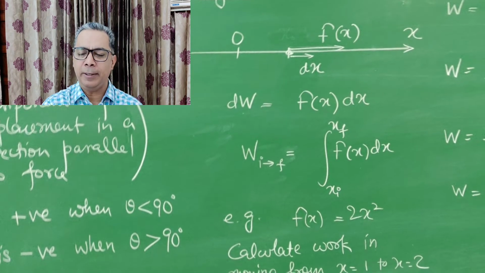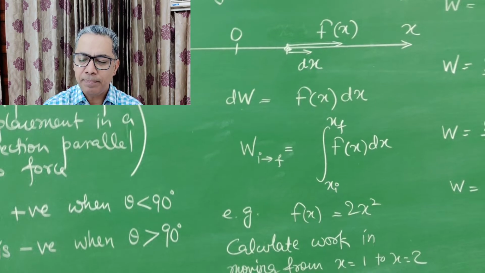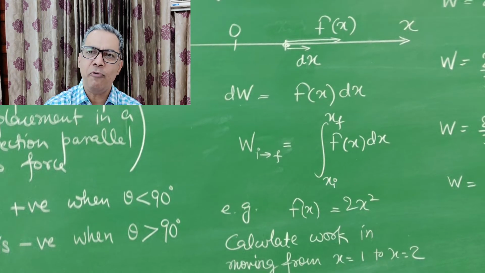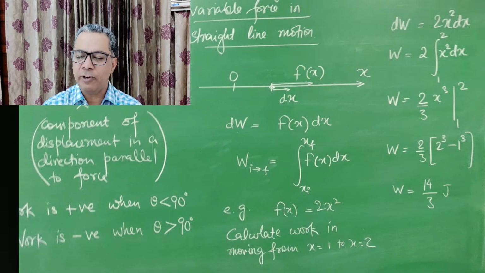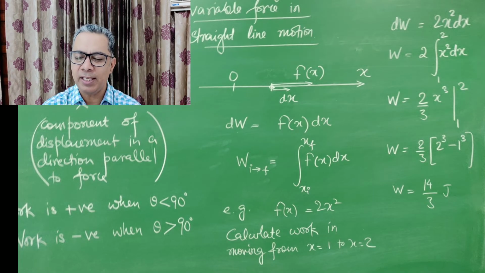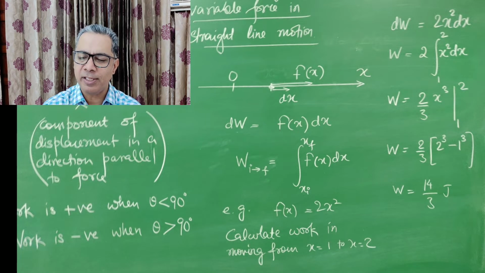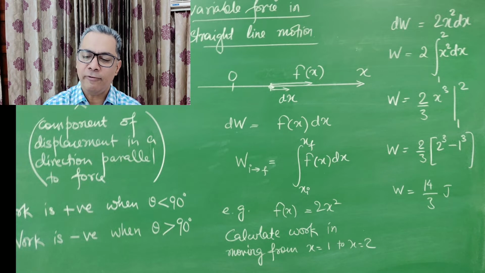The example where we are taking a force F(x) that's 2x squared, and we'll be calculating the work done by this force in moving an object from x equal to 1 to x equal to 2. So the work dW is 2x squared dx. The force is in positive x, dx is in positive x, so both are positive. dW is 2x squared dx.